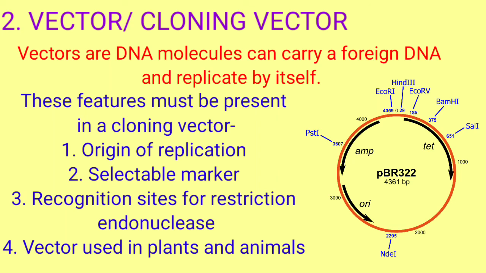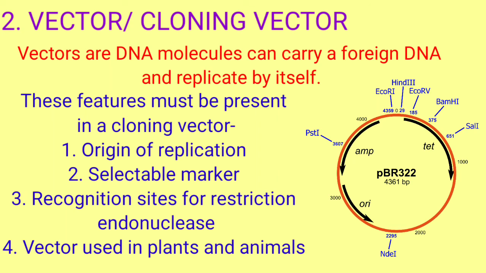This Ti plasmid gets modified into a cloning vector if the host cell is a plant cell. And for animal cells, these are retroviruses. Generally retroviruses are used to carry the desirable gene in case of animal cells.